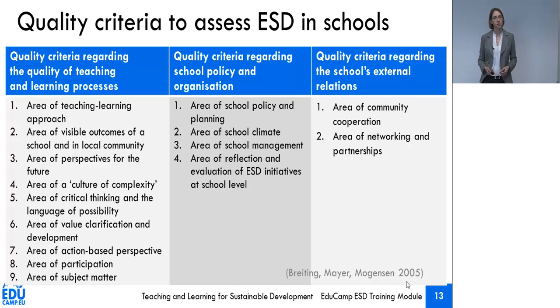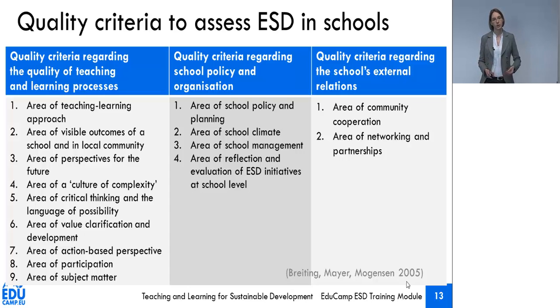This slide deals with quality criteria to assess ESD in schools, so that can also give you the opportunity, when you like to know, okay, my school, at which point are they standing now? What's the status quo regarding ESD? How is ESD integrated into your school or organization, university?